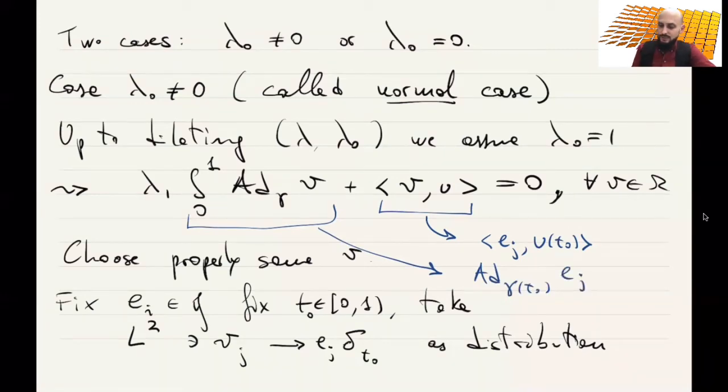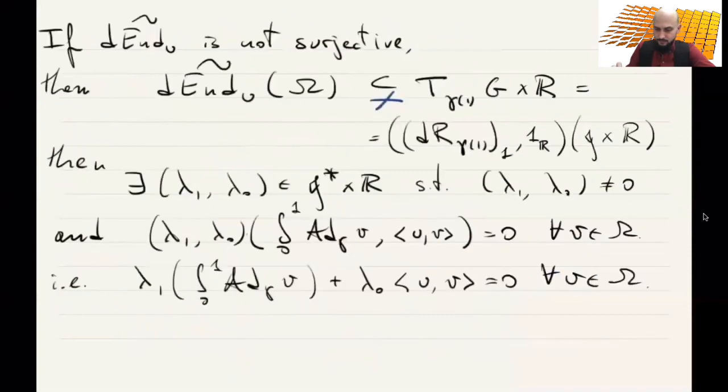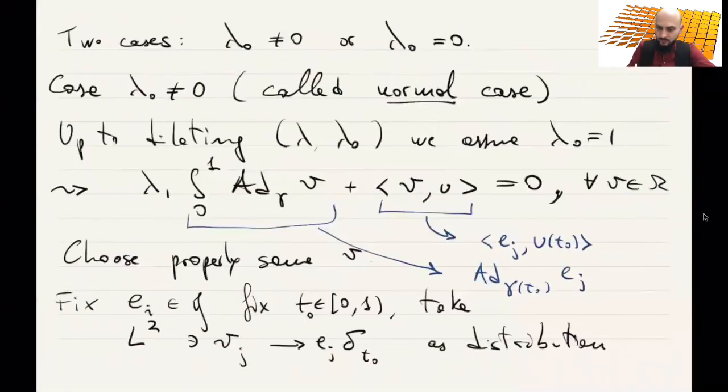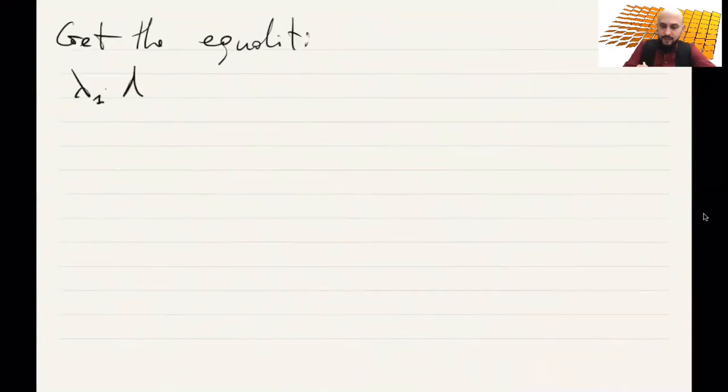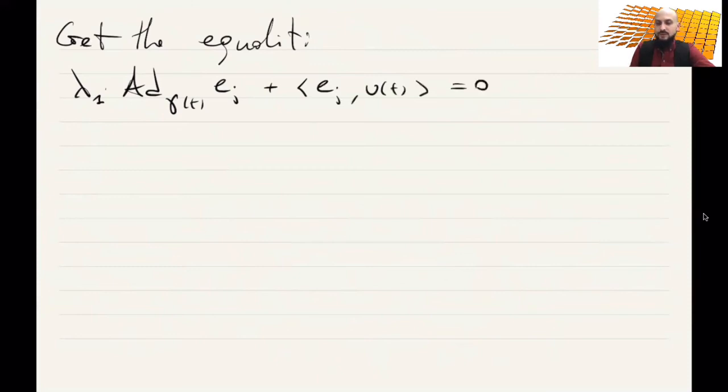So what we get is the following equality: lambda 1 ad gamma t ej plus ej ut is equal to 0.